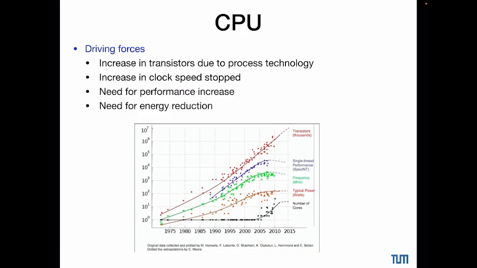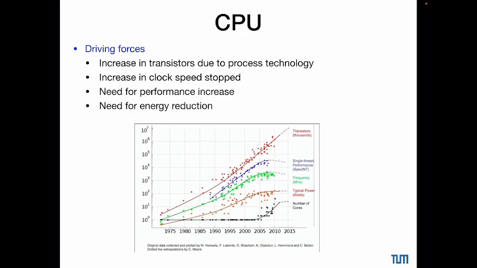What you see here, the purple curve here, or violet curve here, is a single thread performance. And you see that basically is stuck with the fixed clock frequency. Yeah? So the single thread performance does not improve anymore.